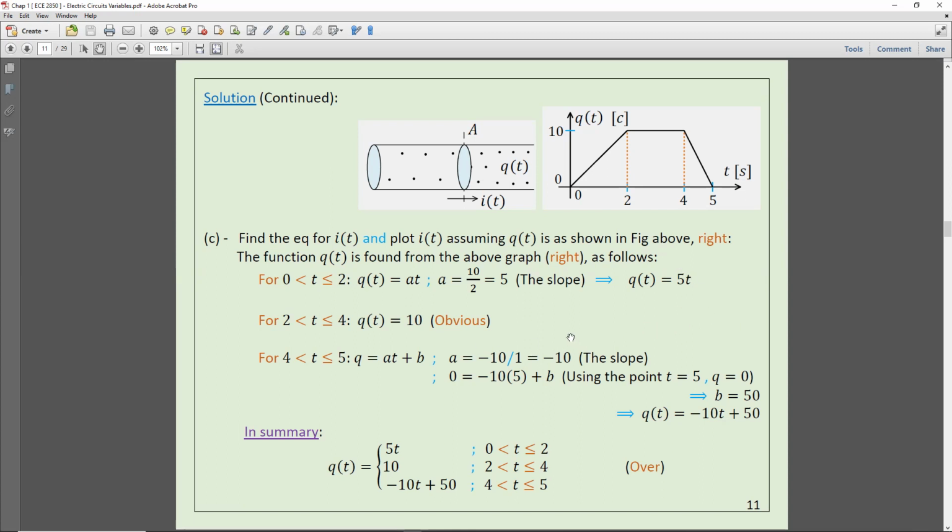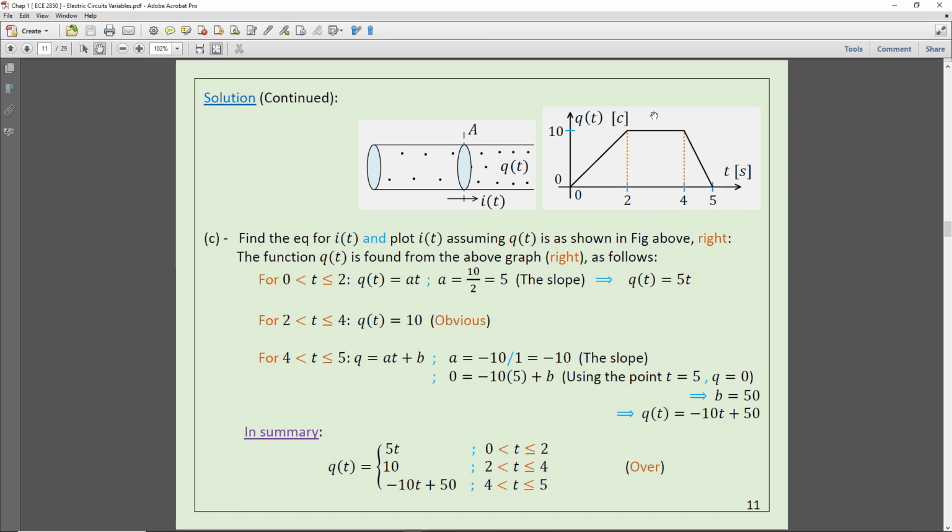So that's exactly what I did. Here, 0 minus 10 divided by 5 minus 4, which is minus 10 slope. There is something you should know.